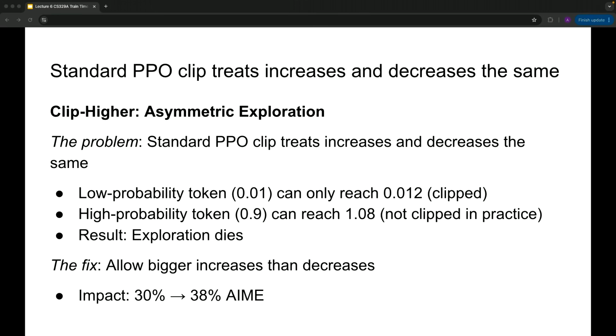In your standard PPO algorithm you are trying to do some sort of exploration, and the standard PPO clipping treats the increasing and the decreasing very similarly. So if you have a low probability token, it can only hill climb so much, and then the high probability token can also get clipped, so the exploration can collapse. Basically the clipping function in the PPO algorithm needs to be asymmetric, and that will allow bigger increases. That was the first thing that DAPO found.